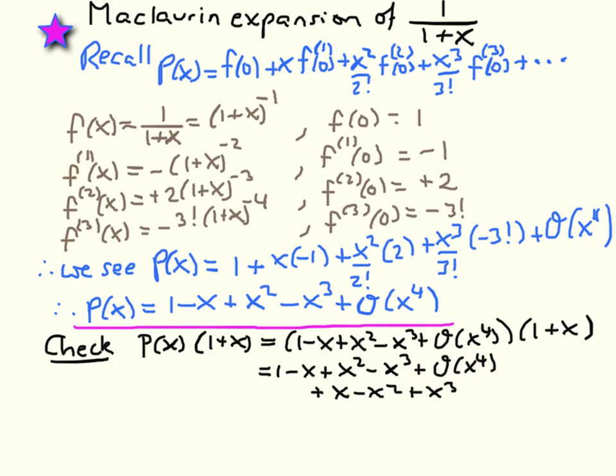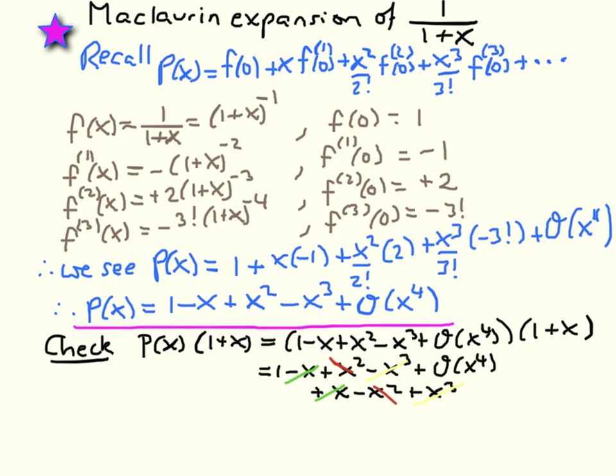So now looking at this, we see that there are some cancellations. The minus x and the x cancel. Similarly, the x squared term and the minus x squared term cancel, and also minus x cubed and plus x cubed cancel.